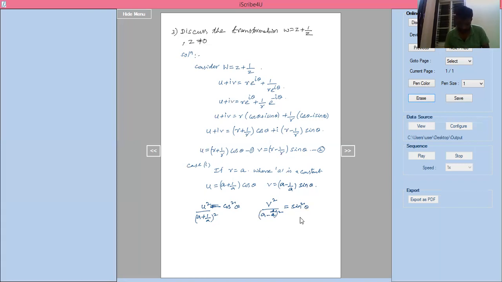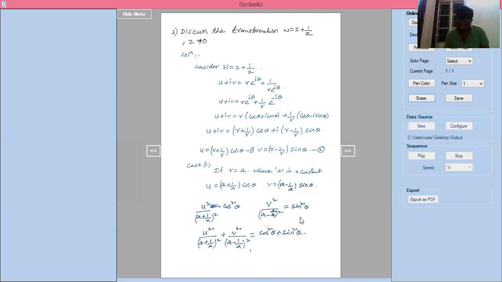Now adding, u square divided by a plus 1 by a whole square plus v square divided by a minus 1 by a whole square equals cos square theta plus sin square theta. But cos square theta plus sin square theta is 1.